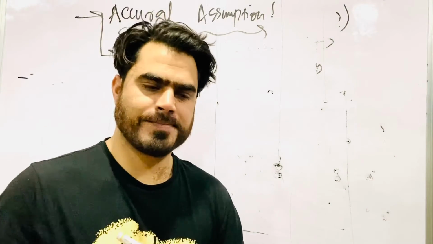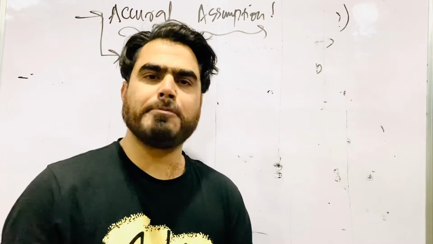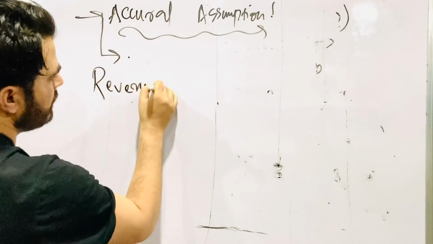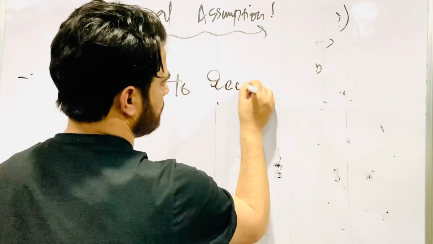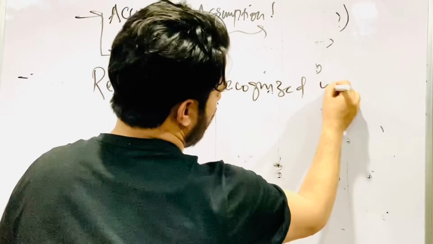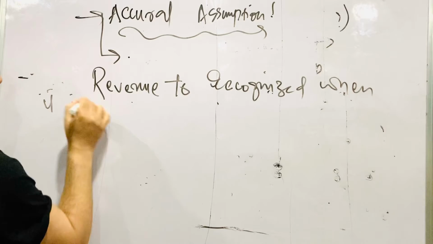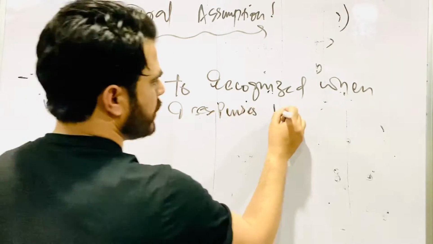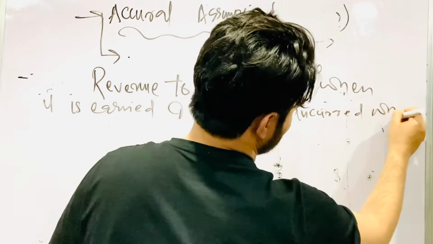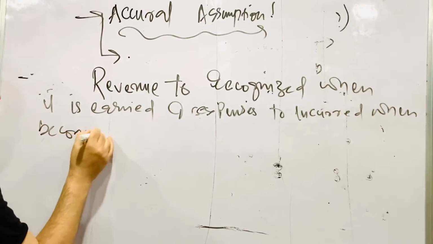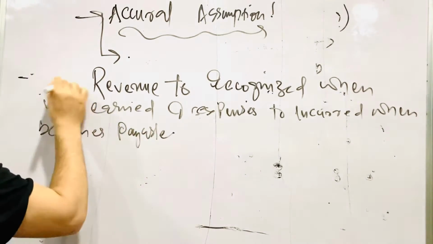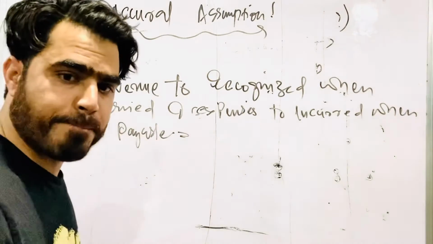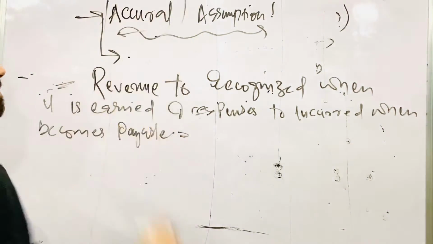What does accrual mean? The accrual assumption states that revenue is to be recognized when it is earned, and expenses are to be incurred when they become payable. If you understand this statement, you can understand this assumption properly.